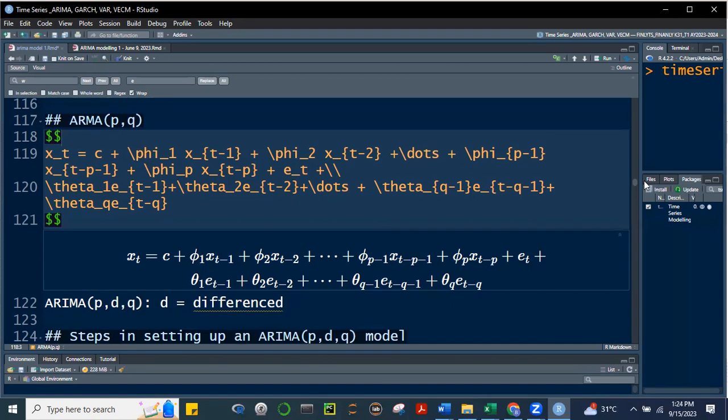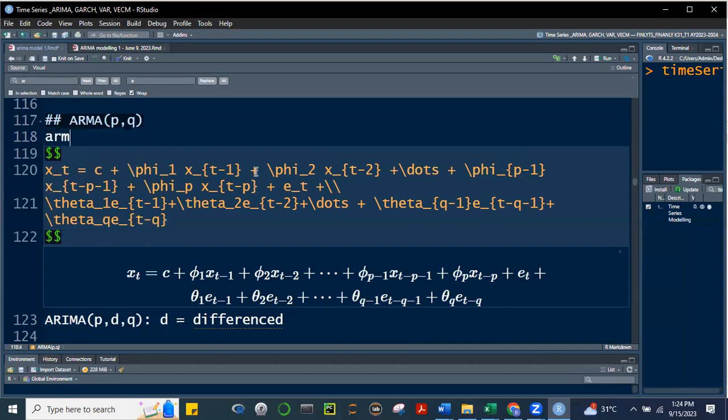Now, generally, the model is ARMA PDQ. This one, ARMA PQ, is also equivalent to ARMA with P lags, then 0, and then Q. The 0 means that the time series was not differenced, so ARMA PQ is just the same as ARMA P0Q.